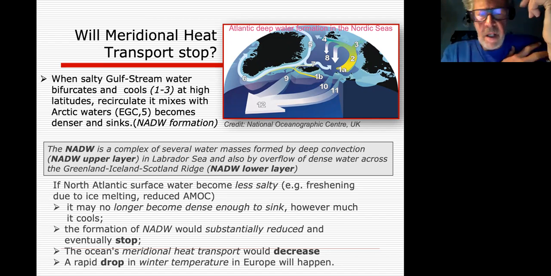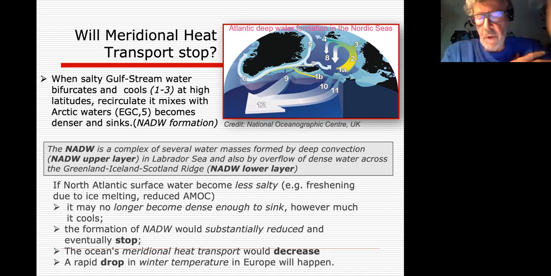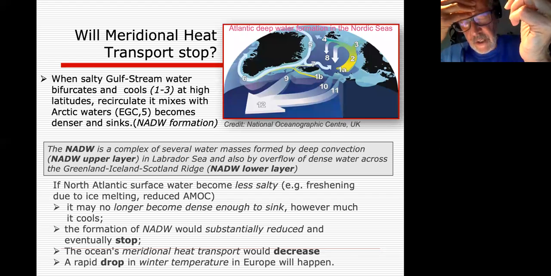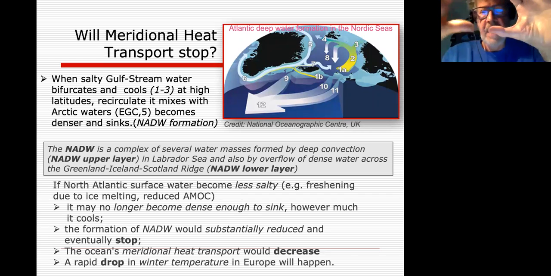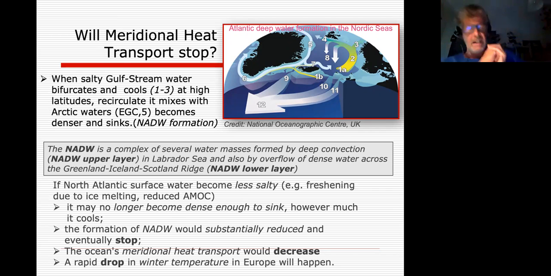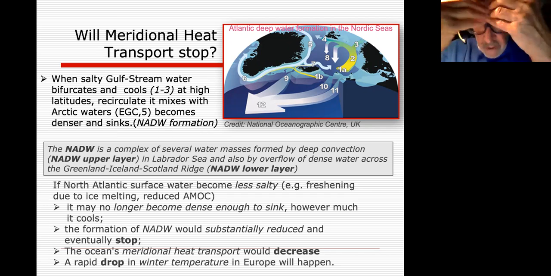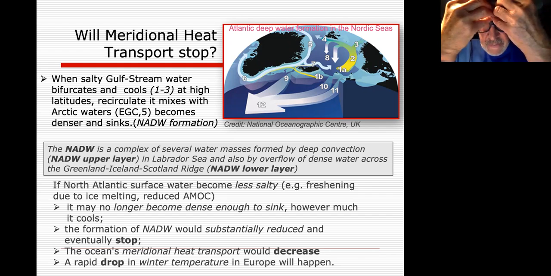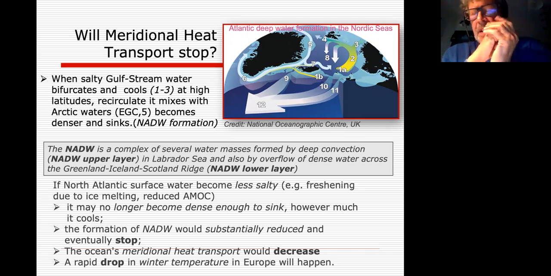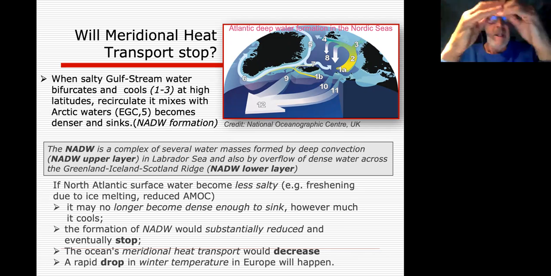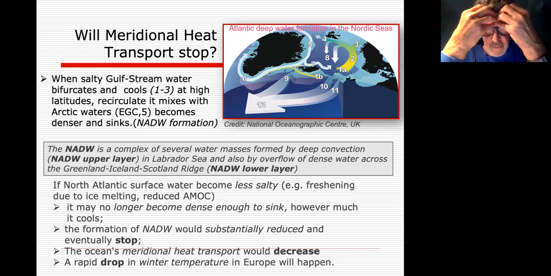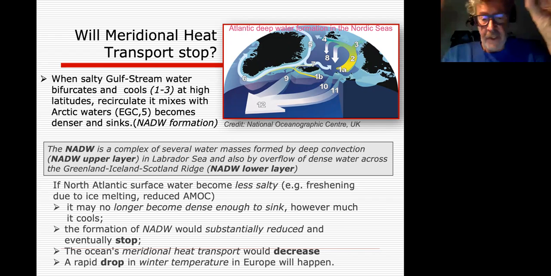For example, due to global warming, you have ice melting, and Greenland and North Pole floating ice are losing mass at an unprecedented pace, and this freshening has an impact, for Greenland ice, on the sea level, but both contribute to freshen also the surface water.